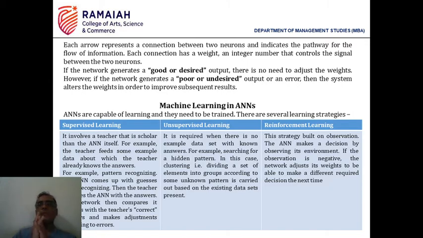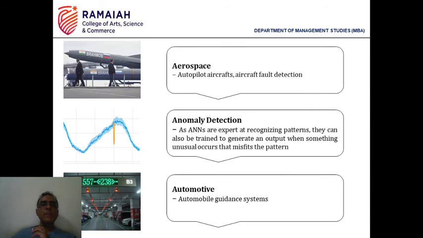The ANN, the artificial neural network, makes a decision by observing its environment. If the observation is negative, the network adjusts its weight to be able to make a different decision the next time. Now let's look at the applications of the artificial neural network.